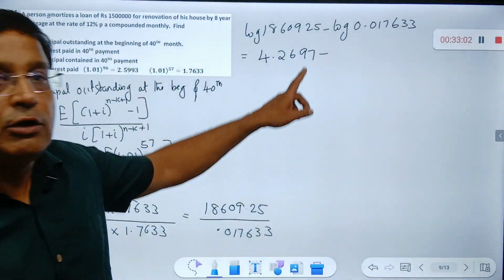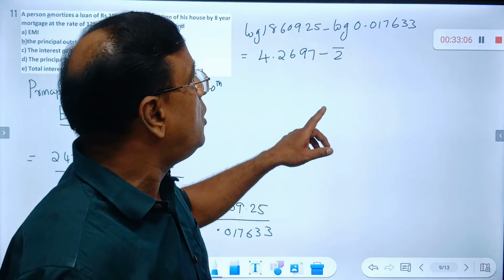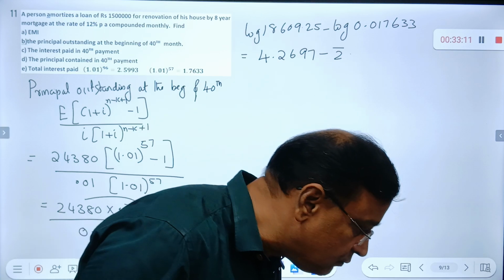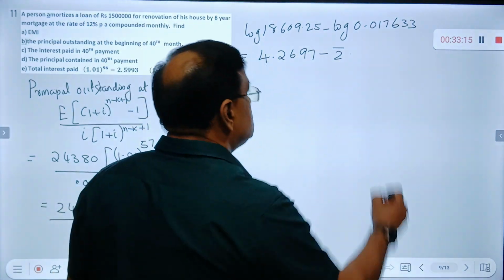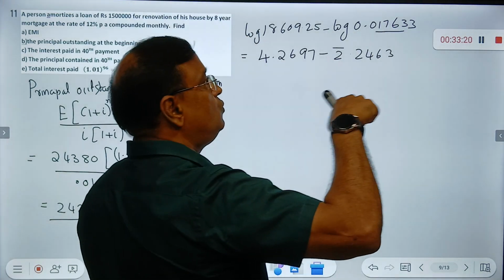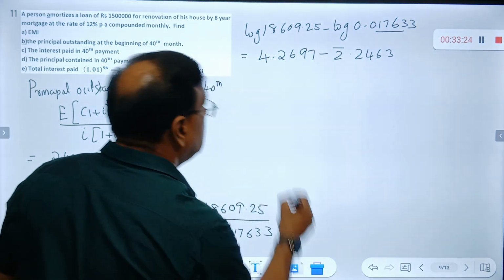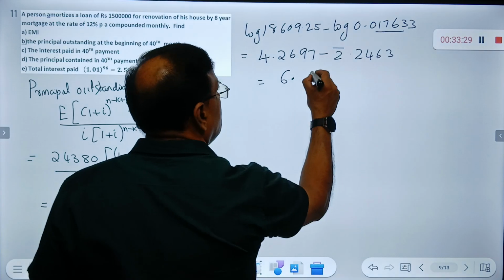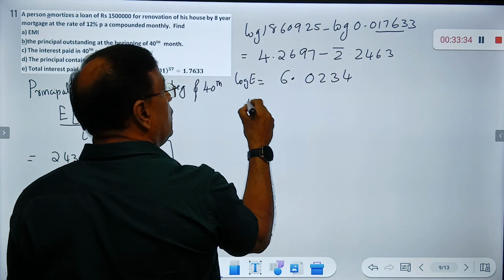Minus, here it will be bar 2 point. Now look at the log of 1763. That is 2463. So when you subtract them, I am getting 6.0234. This is log E.